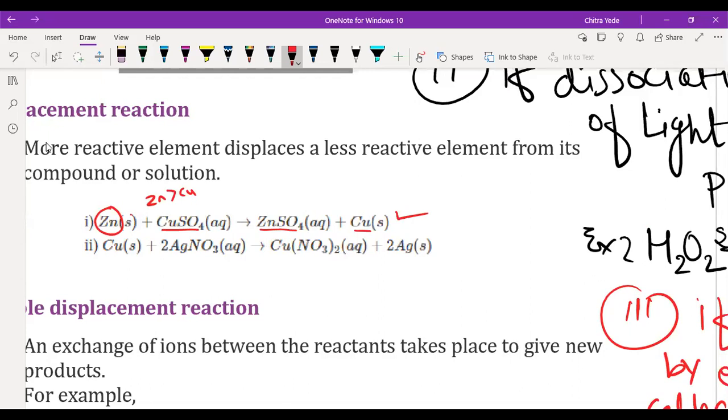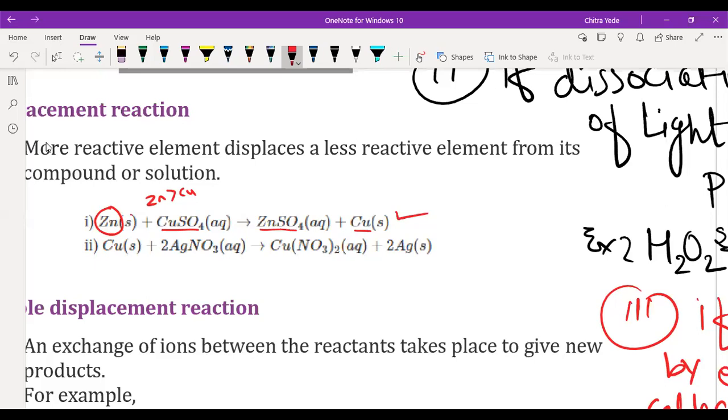Sir, how do we know that a particular element is more reactive than the other element? We will discuss that in the next lecture, the reactivity series. In a reactivity series, all the metals are arranged in increasing or decreasing order of their reactivity.